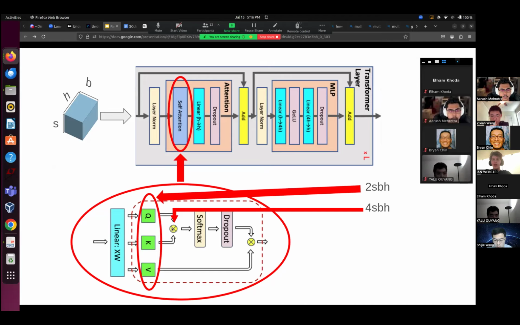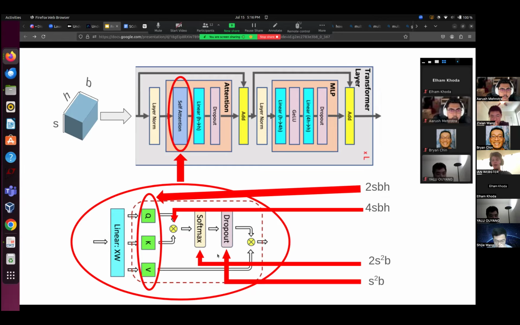This X symbol is an operation, the softmax is an operation, the dropout is an operation. So the number of activations is associated with the size of the matrix being passed to each operation. The size of the matrix being passed to this operation right here is SBH, and then you need to multiply it by 2 to get the number of bytes. Okay, so now we've done that.